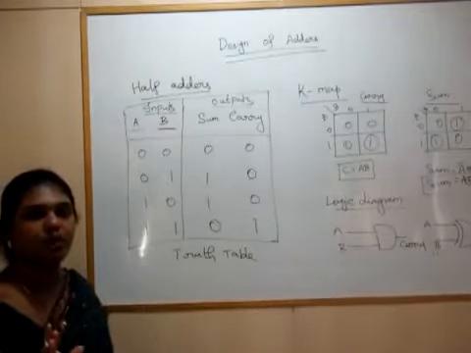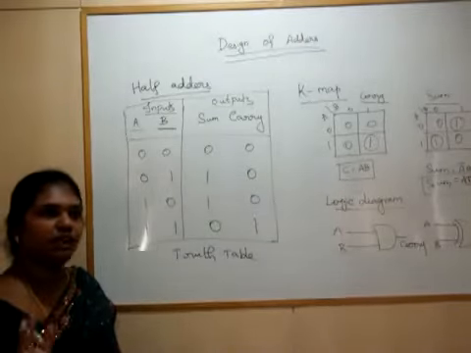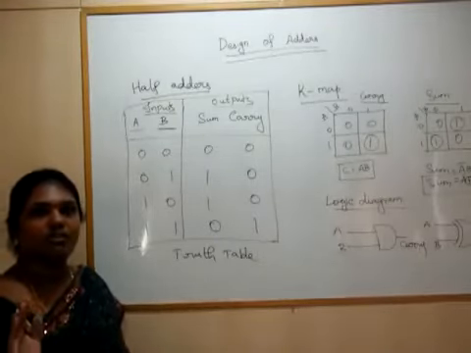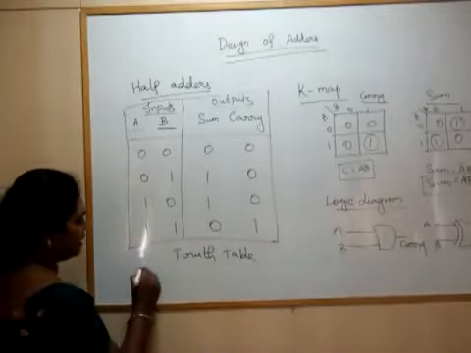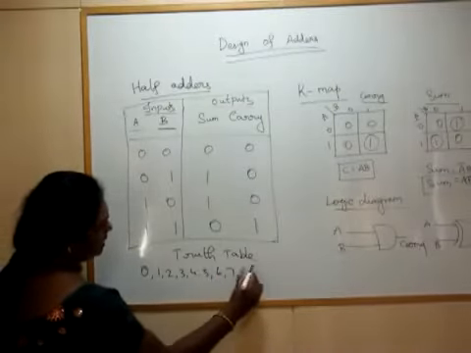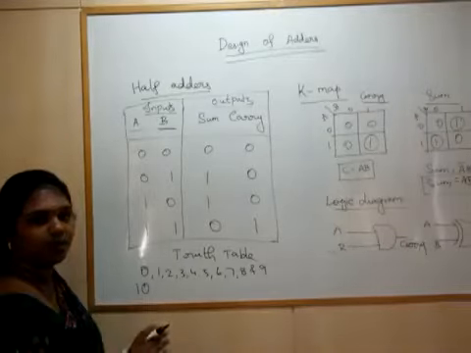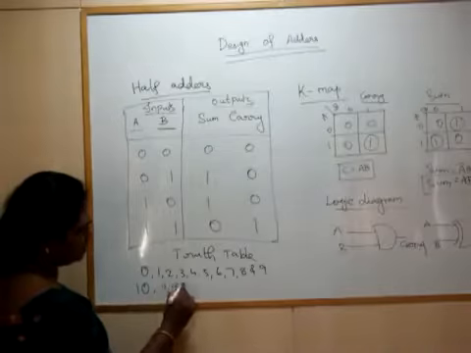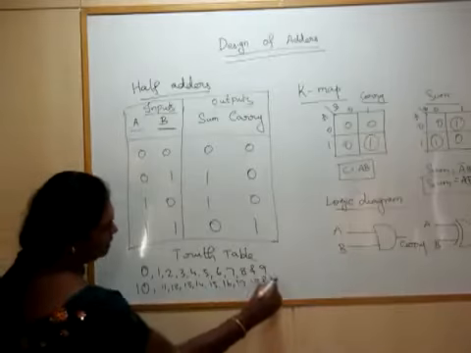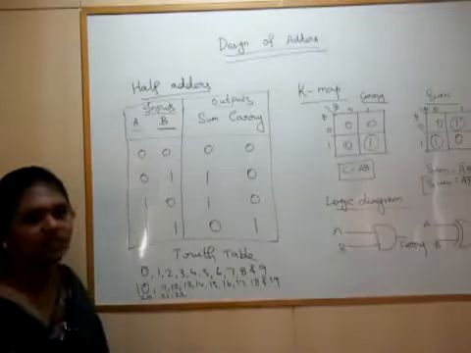Decimal has a base value of 10, because it has only 10 numbers, 0 to 9: 0, 1, 2, 3, 4, 5, 6, 7, 8 and 9. Then 10 is written as 1 0, then 11, 12, 13, 14, 15, 16, 17, 18 and 19. Thereafter 20, 21, 22, and it goes on likewise.